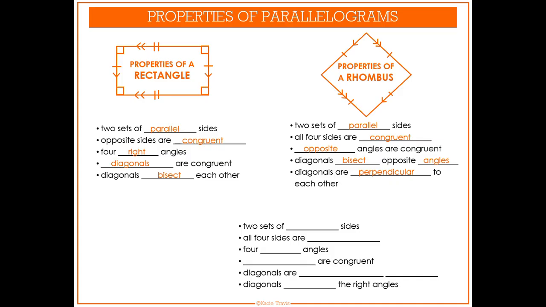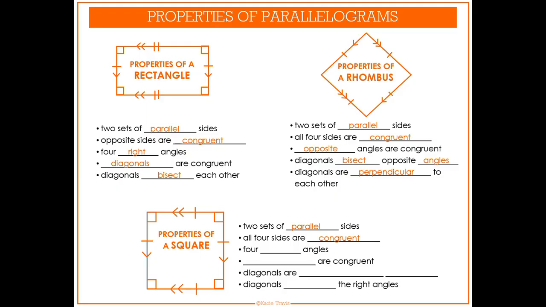Now, if you remember our family tree that we talked about with parallelograms, these two guys have someone in common. A little kid down here called the square. A square is just like a parallelogram as well as these two. So that means that it's going to share a lot of these characteristics. It has two sets of parallel lines like both of these guys have. This will have four congruent sides just like the rhombus.